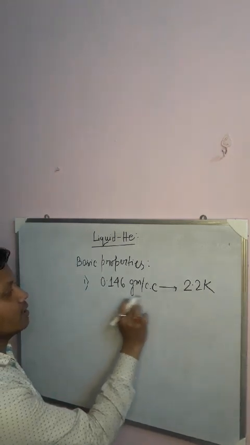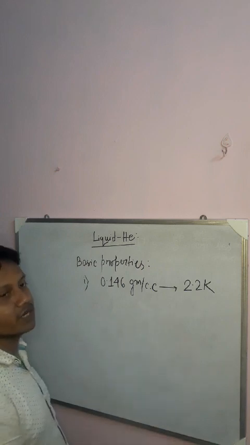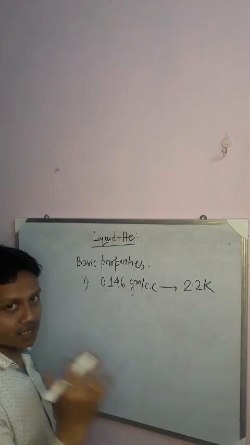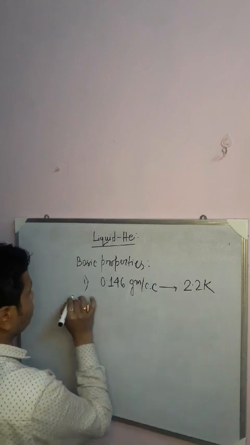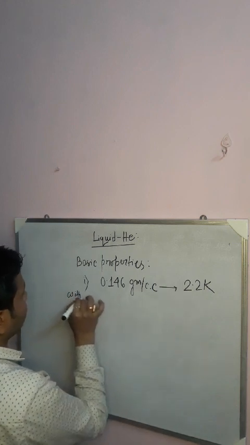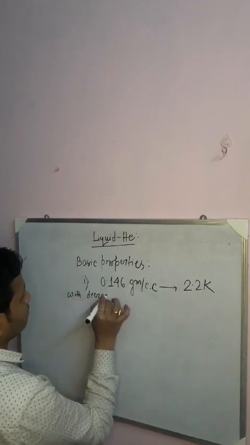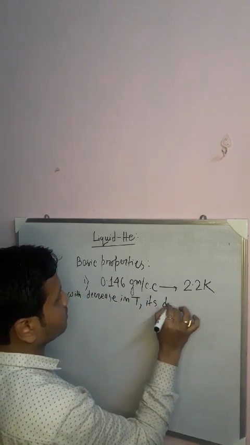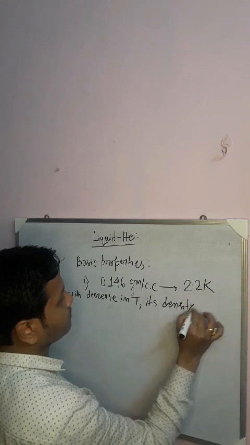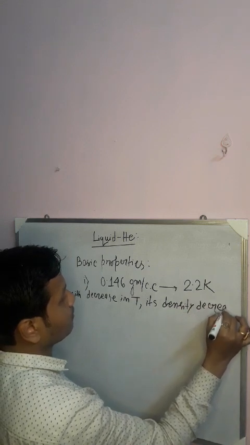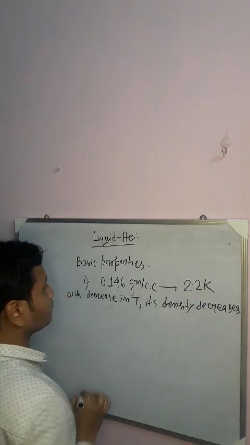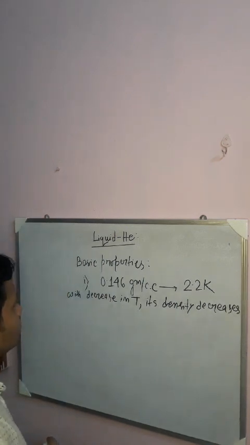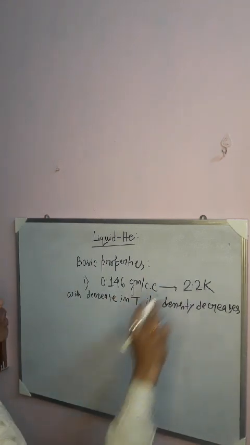Thereafter, with decrease in temperature, its density decreases. So this is the first basic property: the maximum density of liquid helium is this at 2.2 Kelvin.